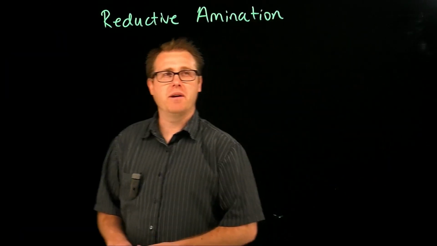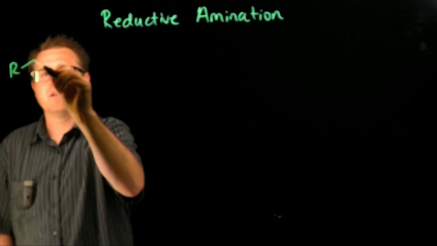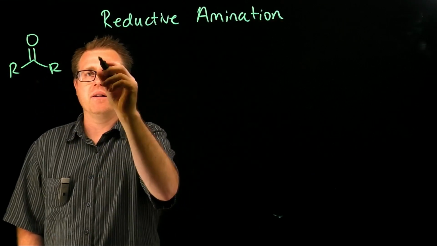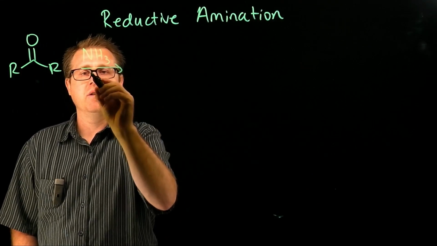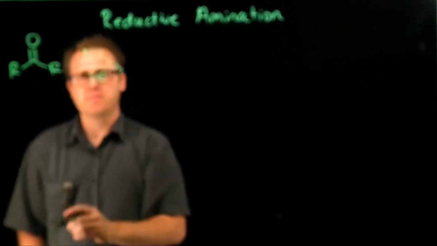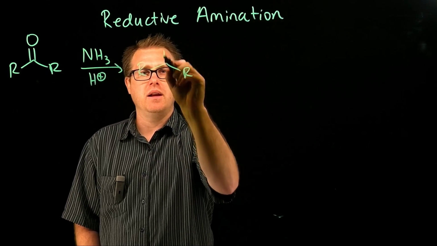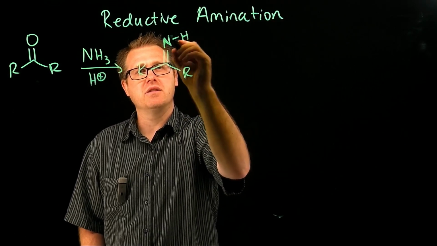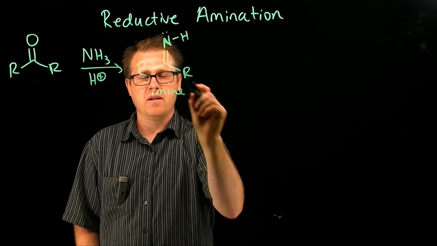So before we talk about reductive amination, let's review some things. To recall, if you take a ketone or an aldehyde and treat it with ammonia with a little bit of acid, that's going to generate the imine, a nitrogen double bond.